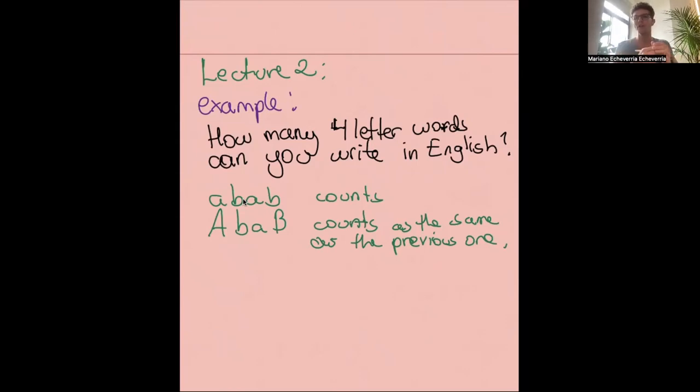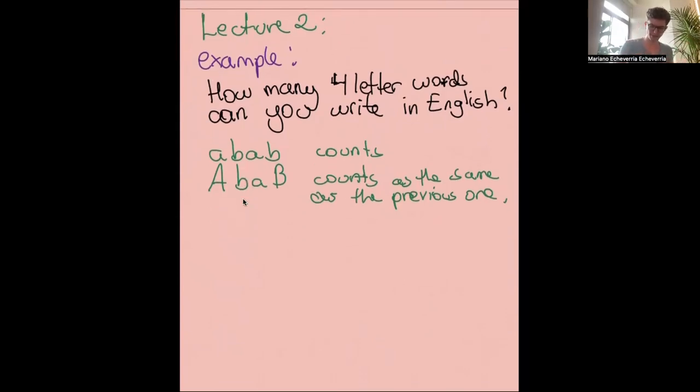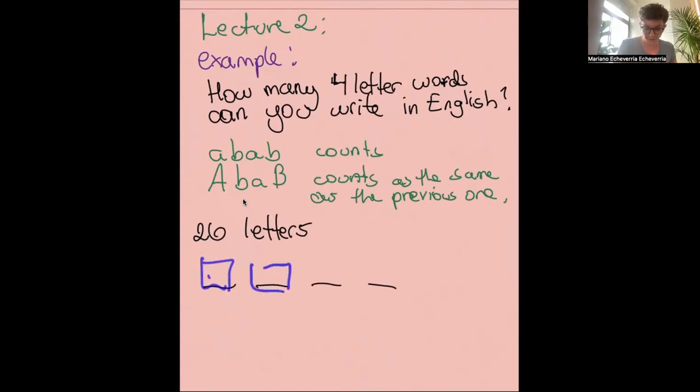So we have 26 letters to play with, right? And we have 4 boxes, or 4 entries, that you can put these letters in. And notice that I'm allowing repetitions, because even words in English which do make sense can have repeated letters.